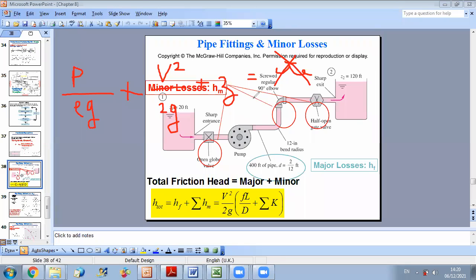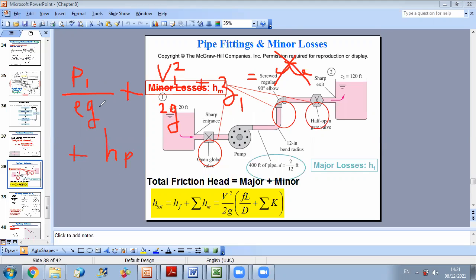So the general equation states that P1 over rho G plus V1 square over 2G plus Z1. Now, if you have a pump, for example, the pump will increase the energy of your outlet. So you can add here plus H pump, because a pump will increase the energy of your system.